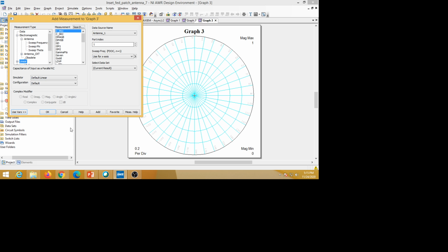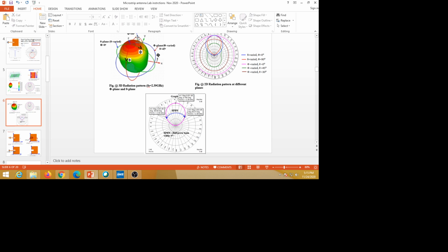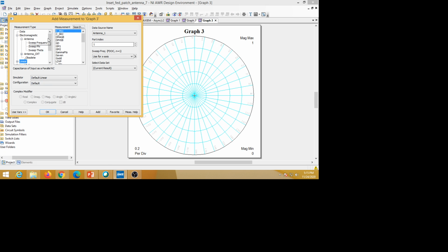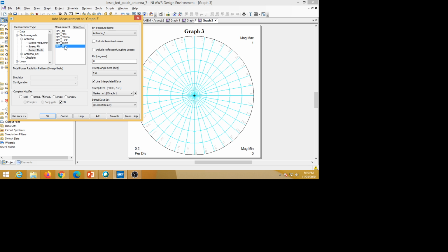As we see for vertical cross section, what we are doing, we are varying theta, keeping phi constant. So in the simulation, what we have to do is sweep theta, and we should plot E total. This is the total we have to choose.